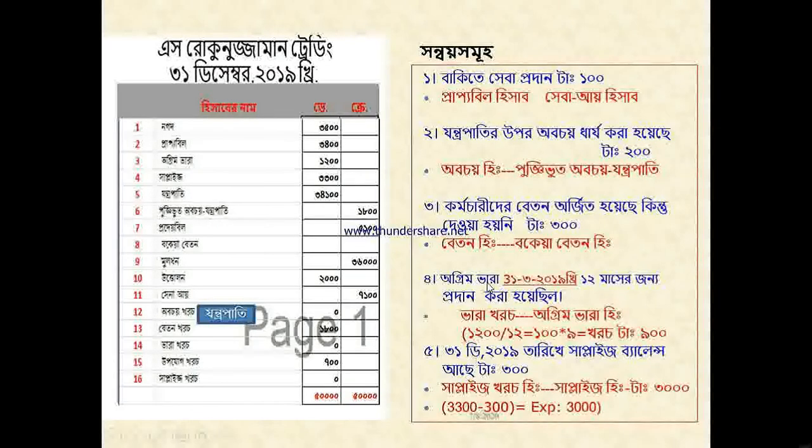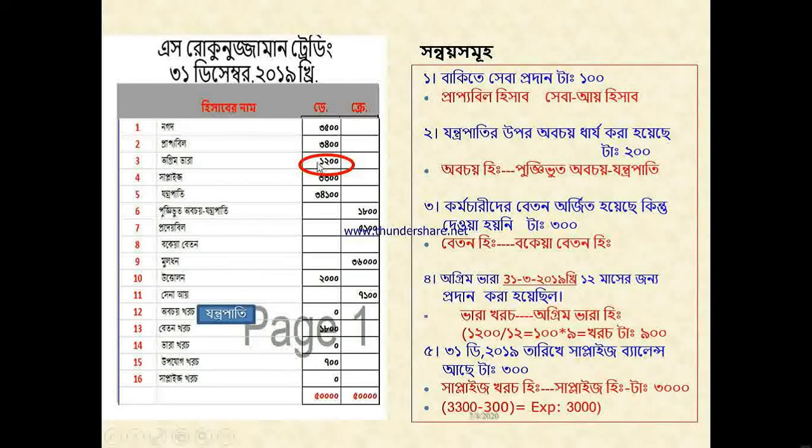Advance rent. Advance rent was given by the company to its owner on 31st March 2019 for 12 months. That is, advance rent provided by the company to the owner of the respective warehouse or any other space on 31st March 2019.